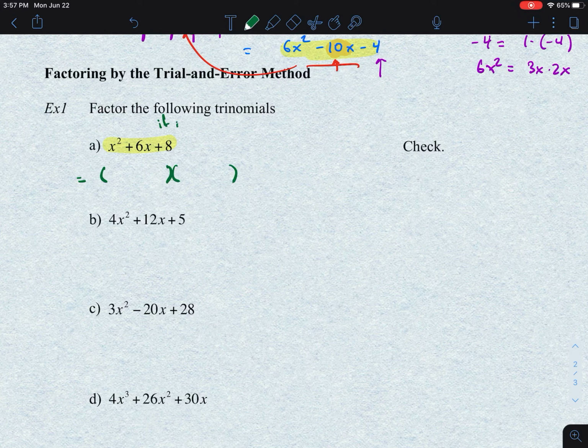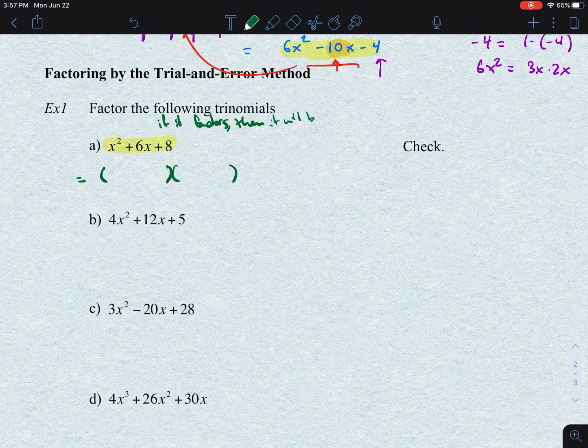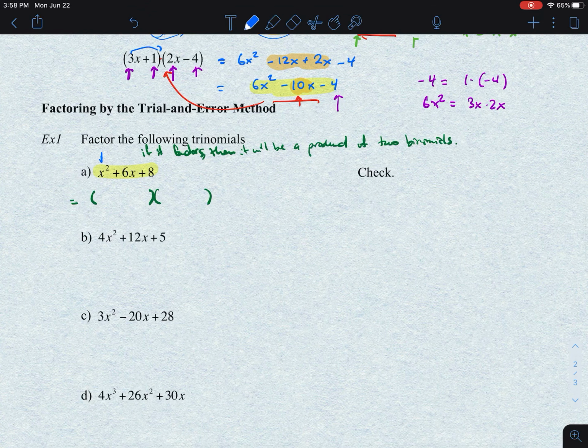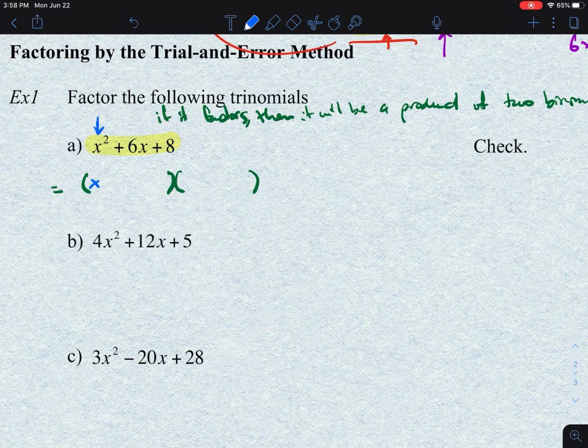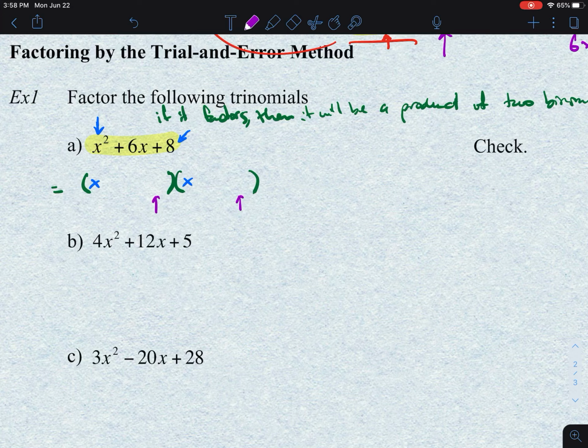If it factors, we notice that the first term, x squared, needs to be the product of the first two terms, and that can be broken into x times x, because x times x is x squared. The last number, 8, needs to be the product of the two last numbers in the binomials.